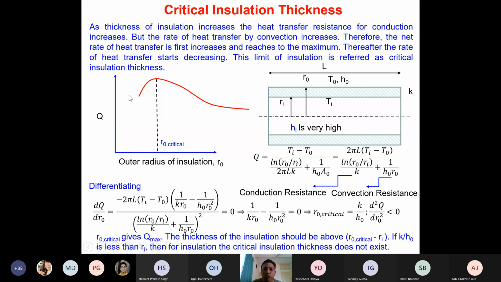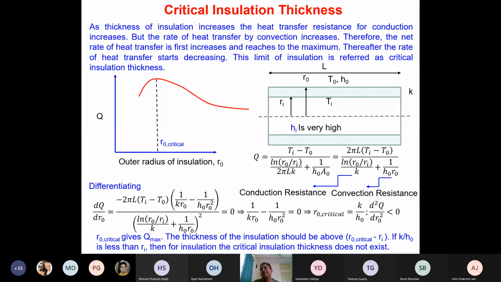So in some cases you will see the rate of heat transfer first increases and then decreases. So this particular radius is called the critical insulation thickness. One needs to have an insulation thickness beyond this. If we have an insulation thickness less than this, rather than decreasing the heat transfer, we will end up increasing the heat transfer. Okay.